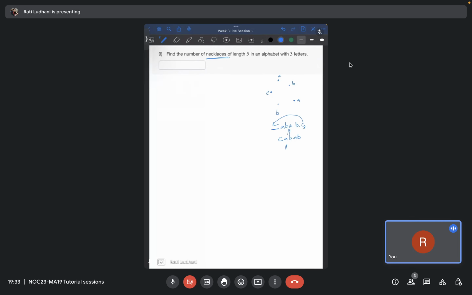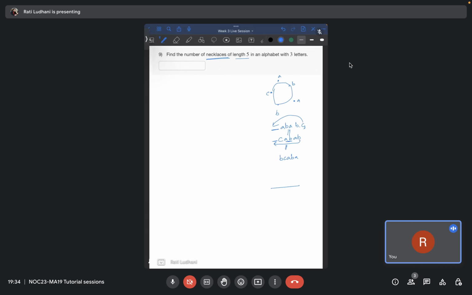Next, for example, you can write B, C, A, B, A. You can take B to be in the first place. So this is a cycle form. All the elements in this cycle will be considered as one element. So we use equivalence class, as you know what an equivalence class is. You will go mod, so you have all the elements.